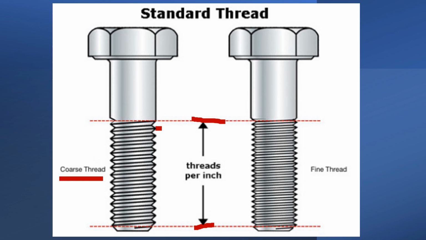That means the pitch is more, the tooth to tooth distance is more. If more threads come in that 1 inch of metal, then it is called a fine thread. That means the pitch is less. If the pitch is less, there are more threads. If the pitch is high, there are fewer threads. Fewer threads is a coarse thread; more threads is a fine thread.